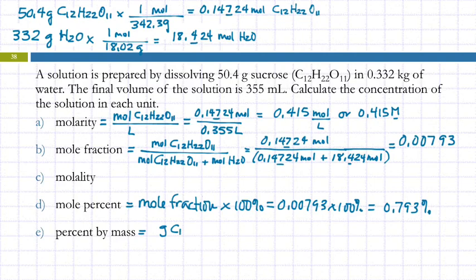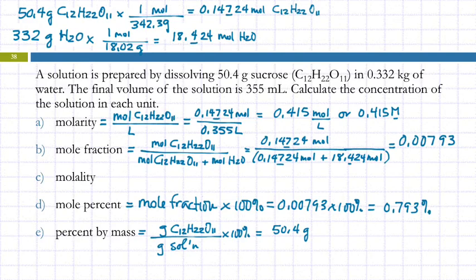So grams of sugar divided by the mass of what? The solution. So divided by the grams of solution times 100. Well, what's the mass of sucrose? 50.4. Cool, they gave that to us.